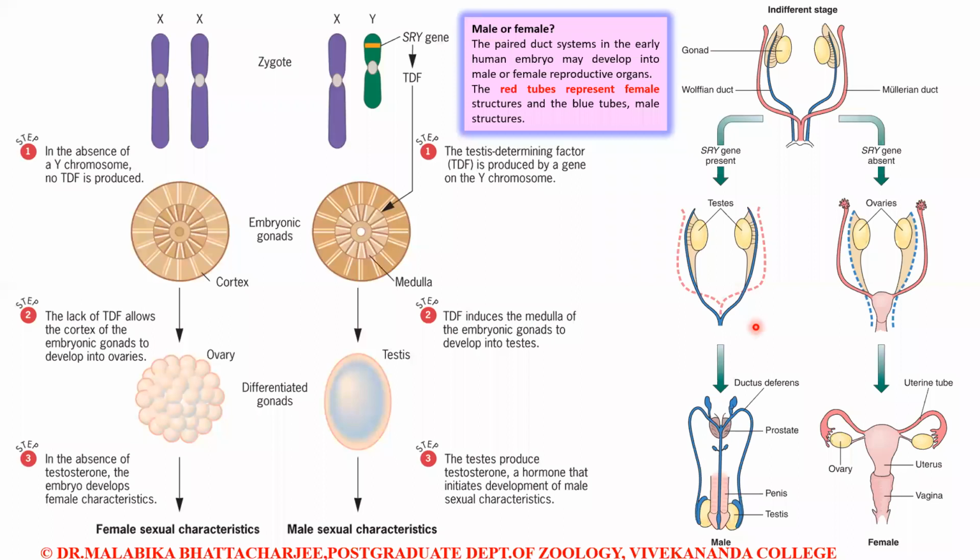So, apart from the SRY gene playing a vital role in initiating the cascade of development of the embryonic gonads towards testes, there are 2 or 3 other very vital autosomal genes which also play an important function. One is the SOX9 gene, and the other is the gene producing the Mullerian inhibiting substance.